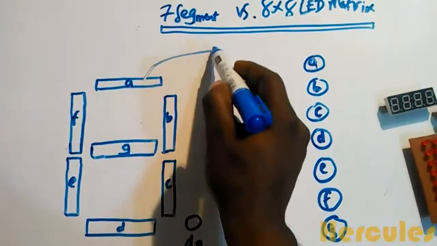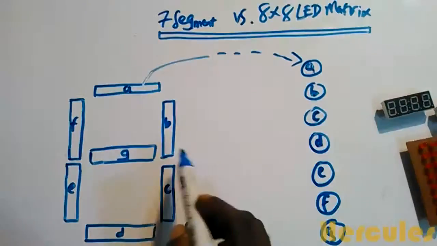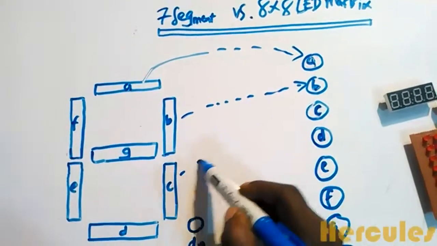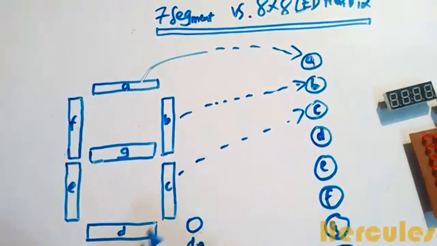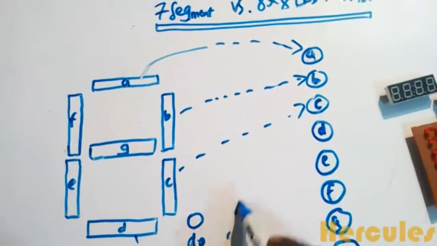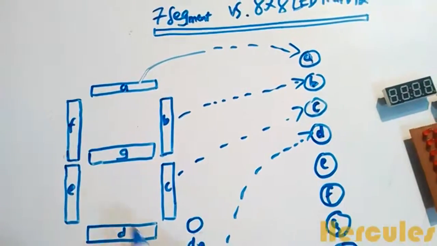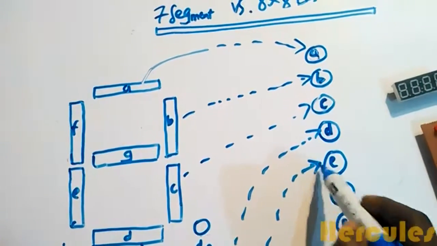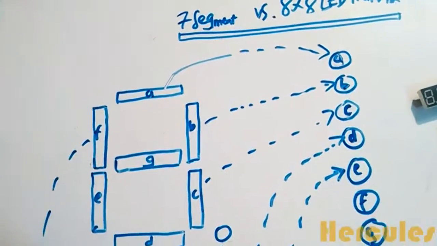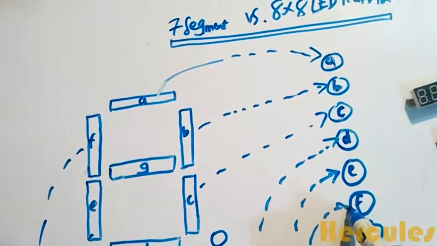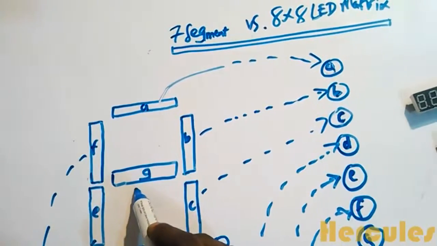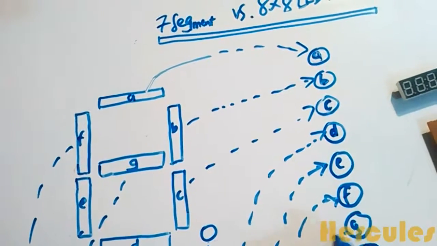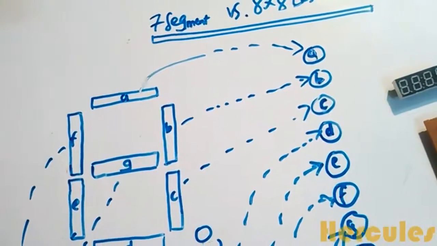Okay, so here, then we'll take this. This is E, this is F, then this is G, then for our decimal point, we have our decimal point here.